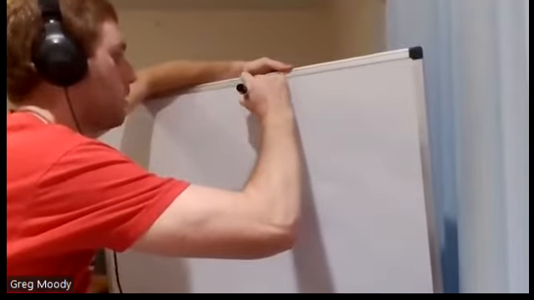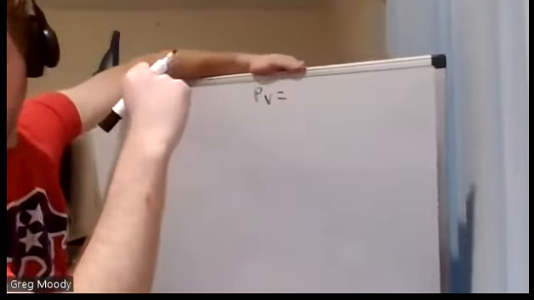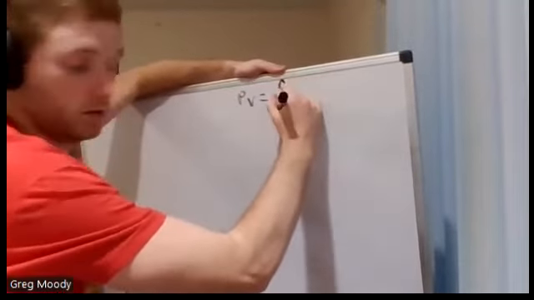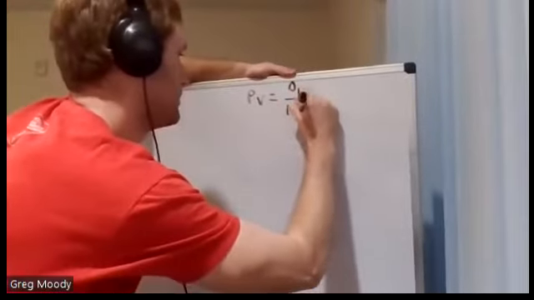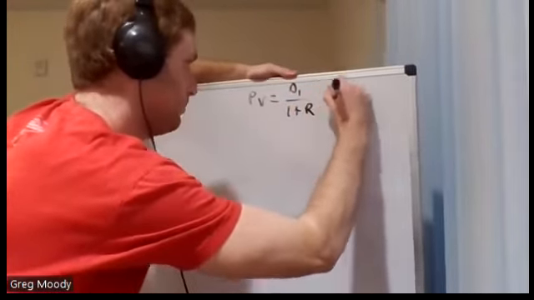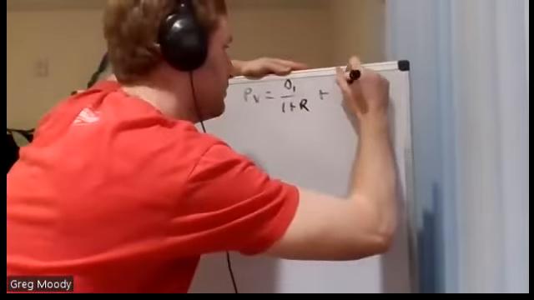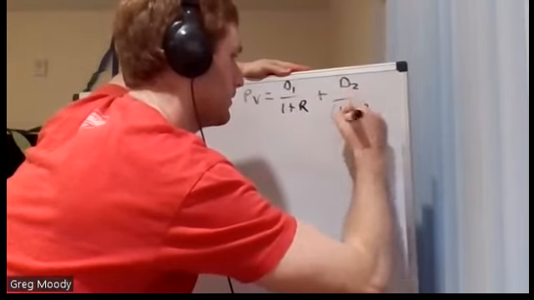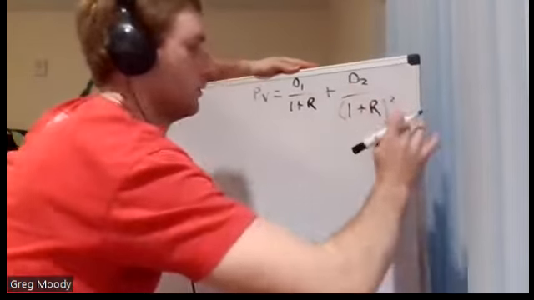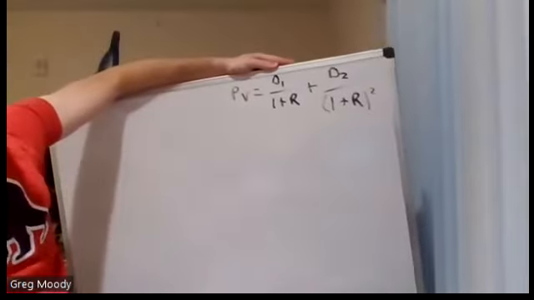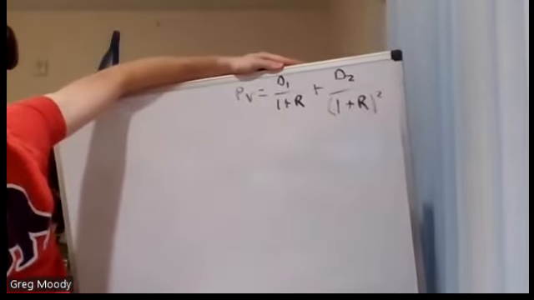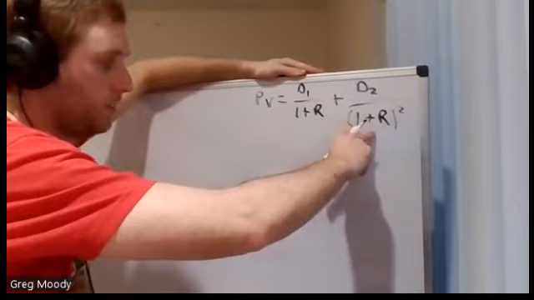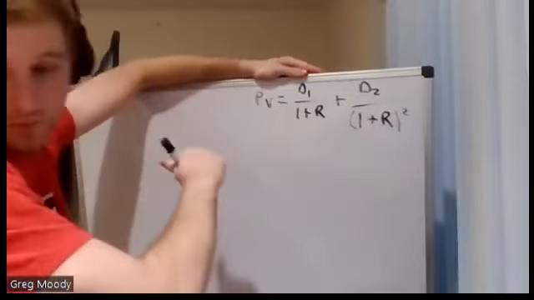So we're going to use our present value equation with multiple dividends. We're going to have our D1 over 1 plus our required rate of return, plus D2 over 1 plus our required rate of return squared. I think our time comes into play here because it goes up a year, so we're going to have to double that exponent.